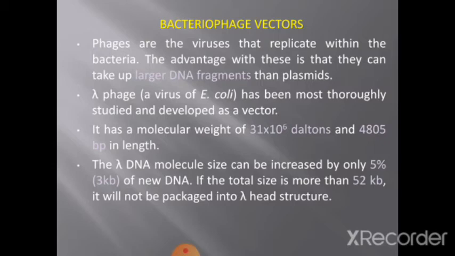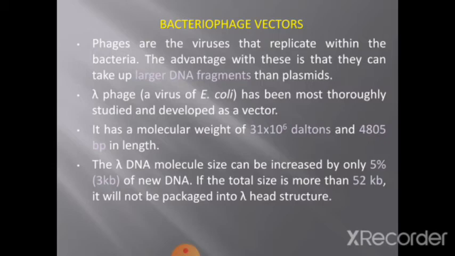Now, the size of this lambda phage DNA molecule can be increased only by 5% with new DNA. If you want to retain the entire genome of lambda phage as such, plus add the DNA of your insert, it should not exceed by 5%.